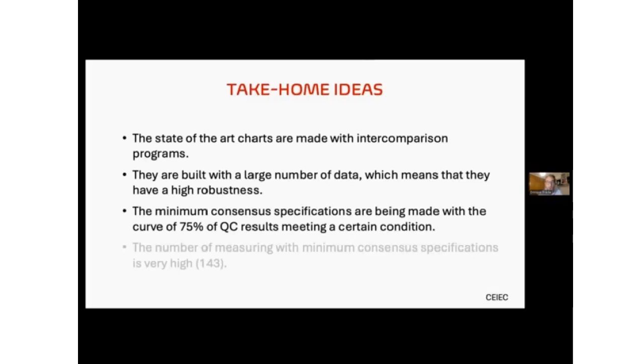We are very proud because we believe the list of minimum consensus specifications achieved in Spain is very high, if not the highest, and we consider it is very useful for laboratories, not only in our country, but all over the world.